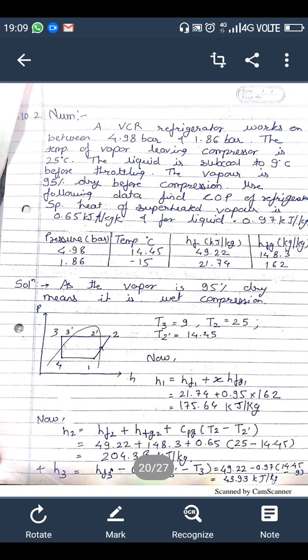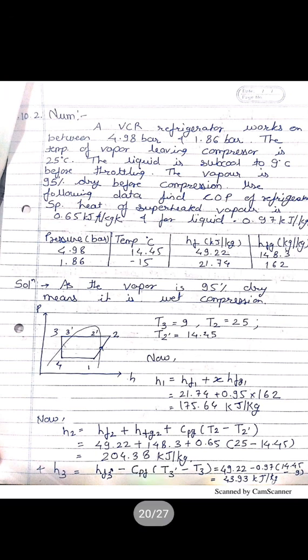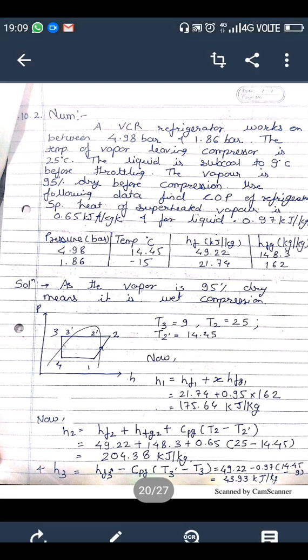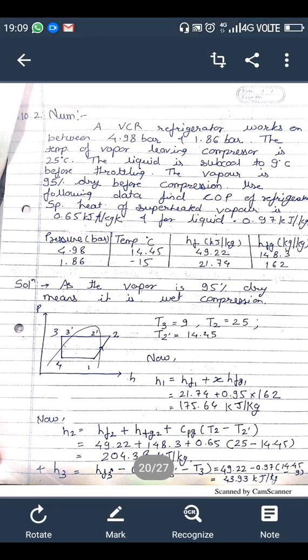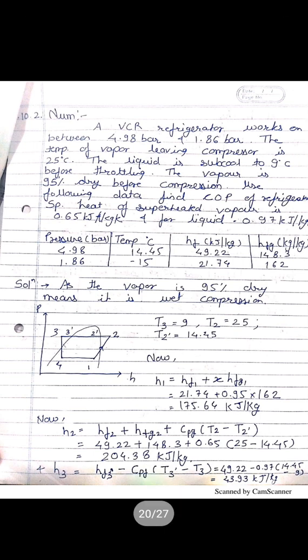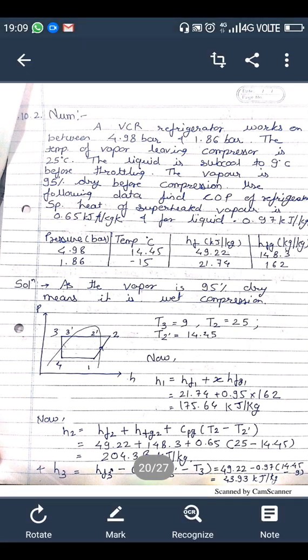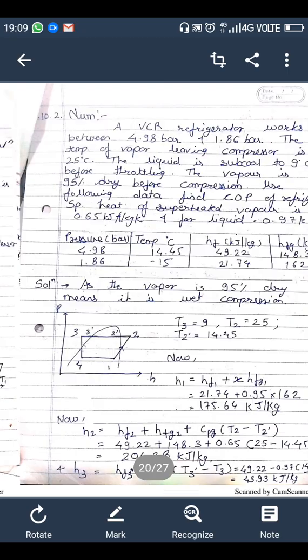So this is the numerical, which is a simple one. I take this numerical in the class, and in our extra lectures also, when some students come to me for extra lectures. A VCR refrigerator works between 4.98 and 1.86 bar.